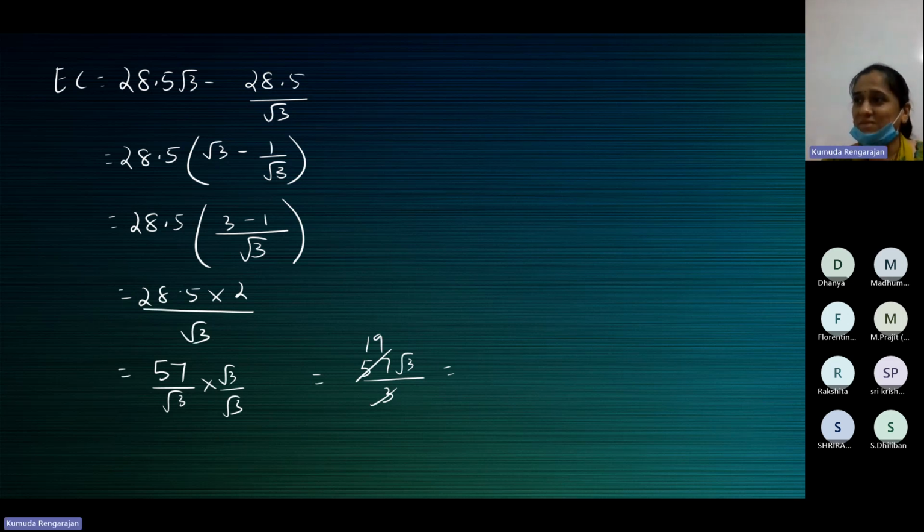Here you've done that division earlier, correct? Yeah, I understand, and you got that 19 root 3. Yeah, correct. You've rationalized there, that alone you've rationalized.